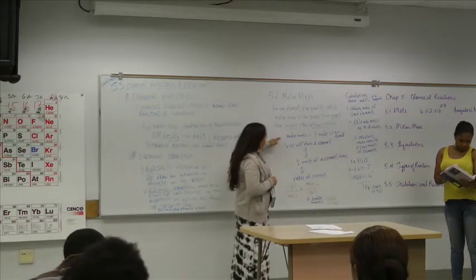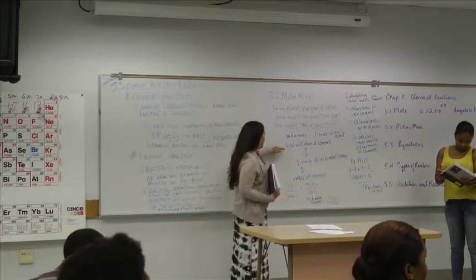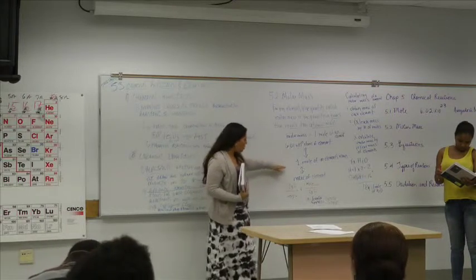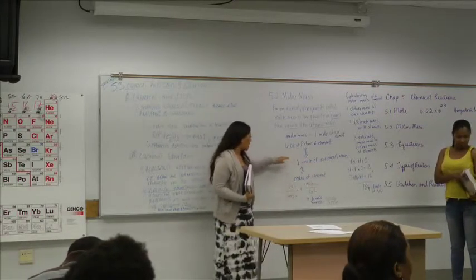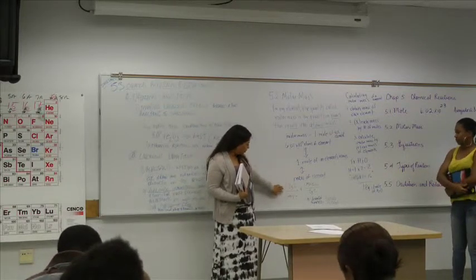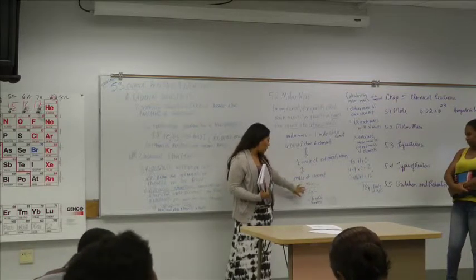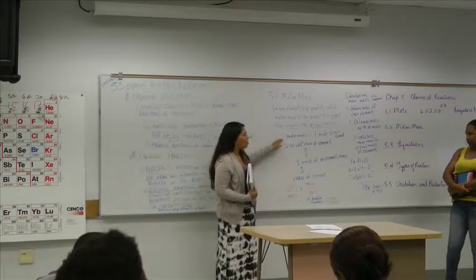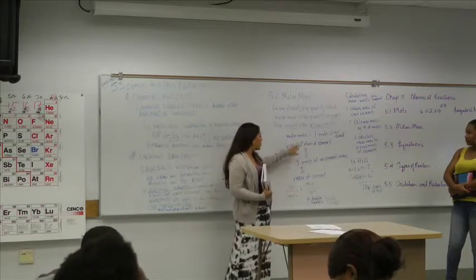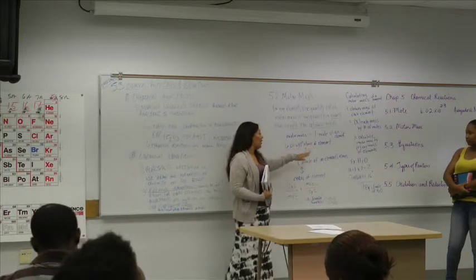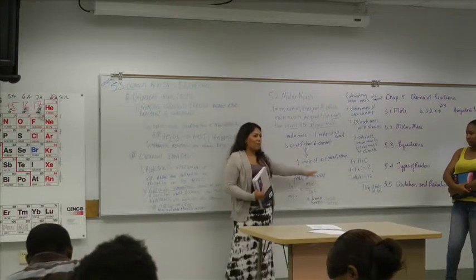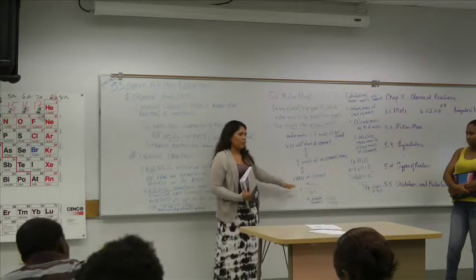This is Avogadro's number, the number of atoms. So 6.02 times 10 to the 23rd atoms of carbon equals 1 mole of carbon, which also equals 12 grams of carbon. So they're all interchangeable.